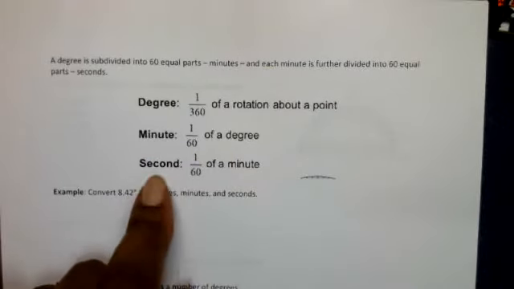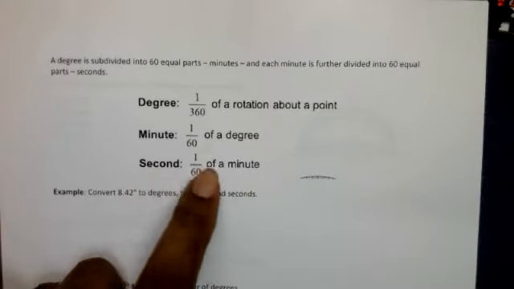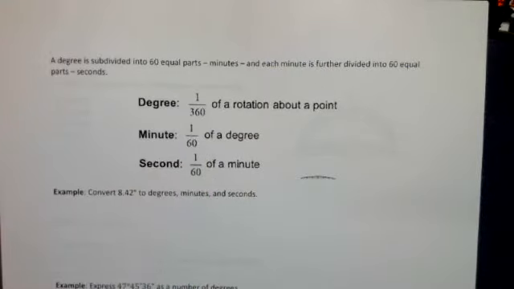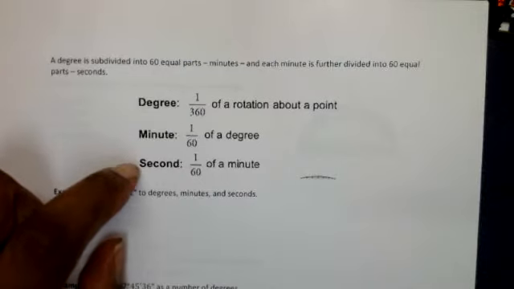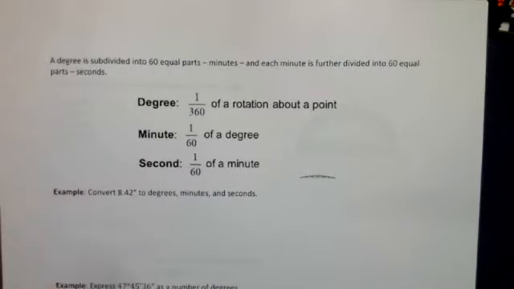And 1 second is 1/60th of a minute. If you were going straight from degrees to seconds, you could take 1 degree, multiply it by 1/60th, and then times 1/60th again.